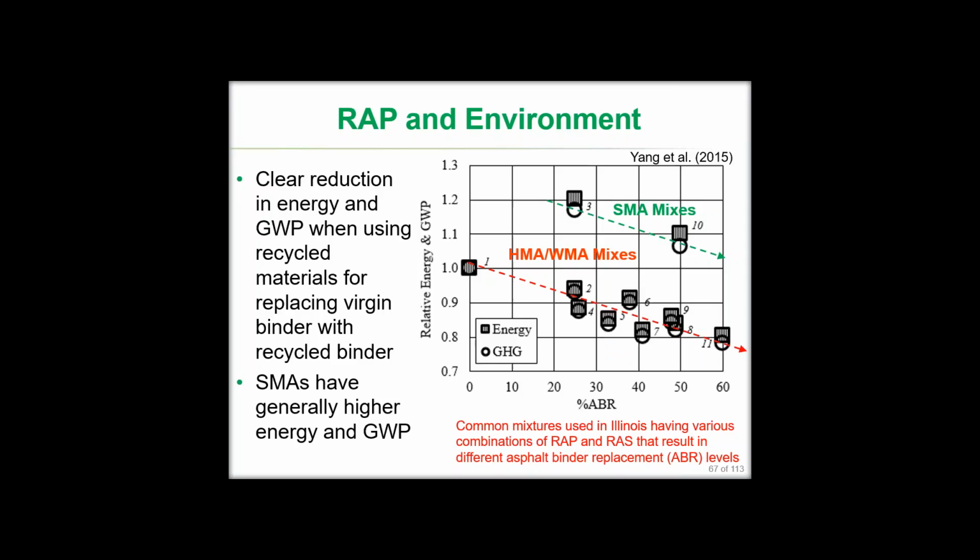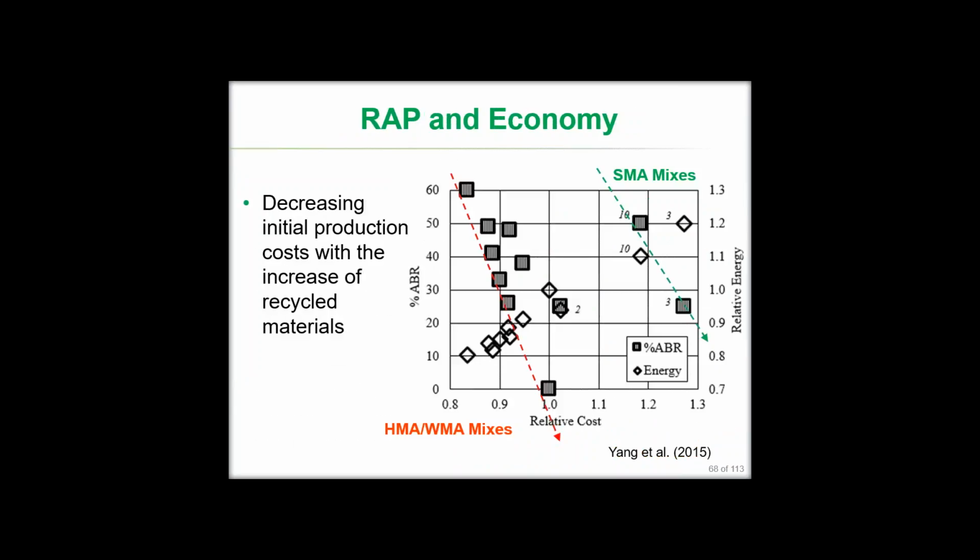SMA mixes have a higher energy consumption and global warming potential when compared to a control mix, which doesn't have any RAP or RAS, and that mix being a hot mix asphalt. So we see clearly that regardless of the mix type, SMA or hot mix asphalt, there is a linear reduction in the production energy and greenhouse gases with the increasing use of RAP and RAS.